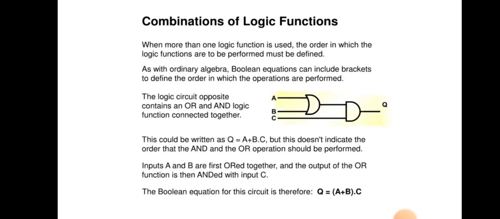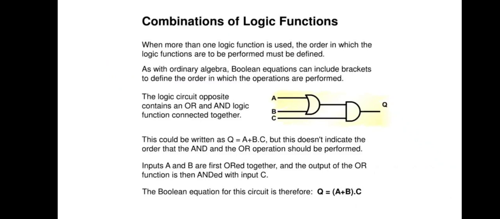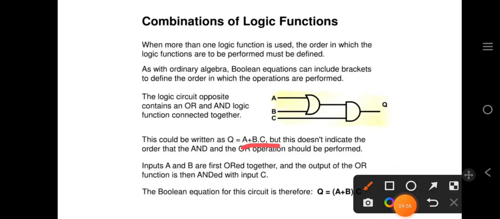Now why this sequence of operation? If you are given only this equation, from this equation you will get confused whether we have to perform the OR operation first or the AND operation.